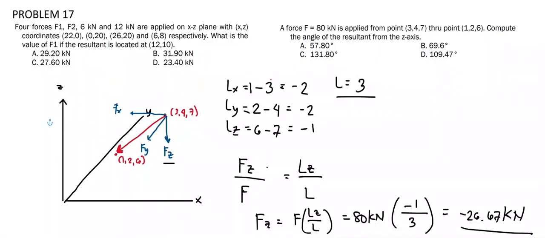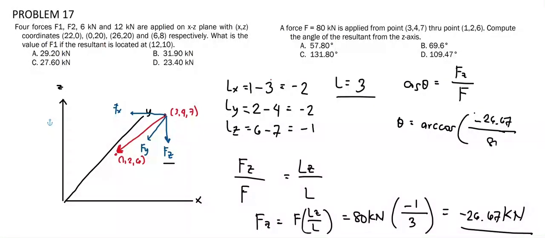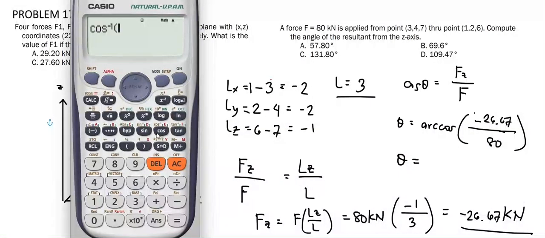And to solve for the angle between the force F and the z-axis, we take the cosine of theta equal to the adjacent side, that is Fz, divided by the hypotenuse, that is F. So theta is equal to arccos of Fz divided by the total force F. Now Fz is equal to negative 26.67, divided by F. Solving for theta, we get arccos of negative 26.67 divided by 80.